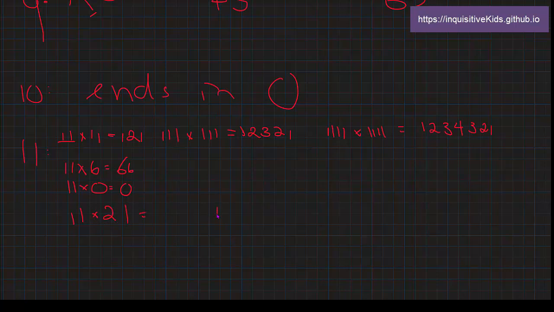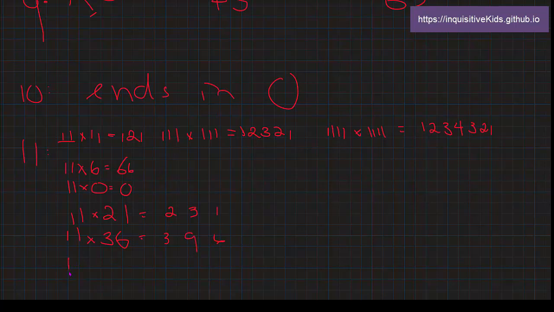So there's a 1, and then there's a 2. But what's in the middle? The middle is actually the sum of this number and this number. So that's 231. Another example, 11 times 36. The start would be 3, the end would be 6. Added together, it would be 9 in the middle.